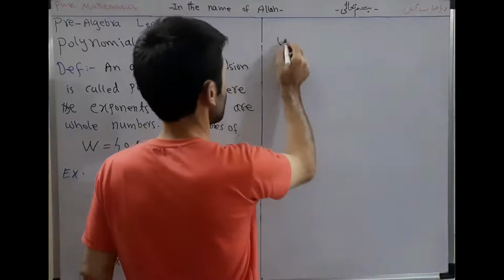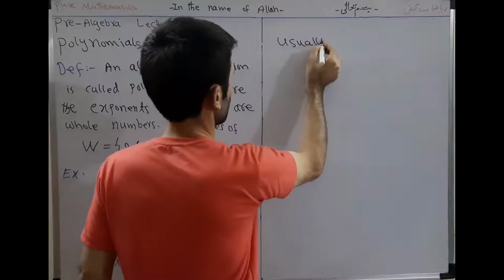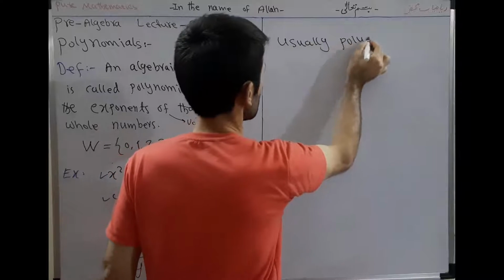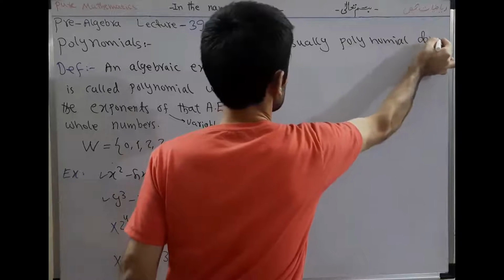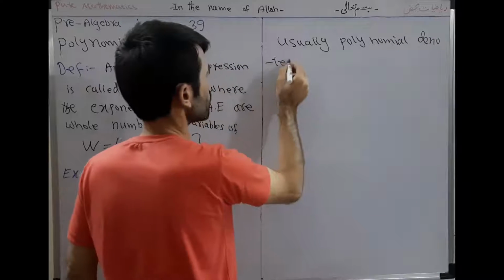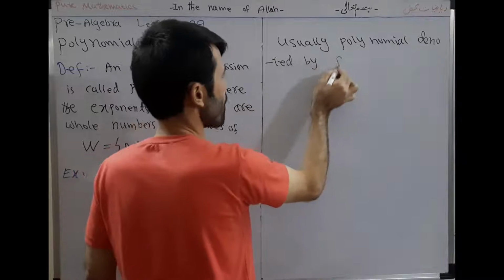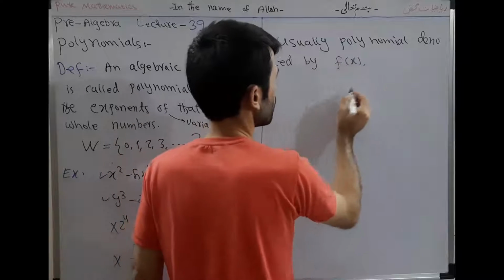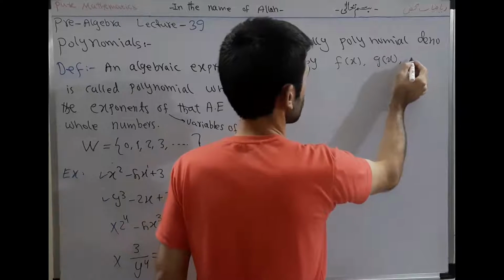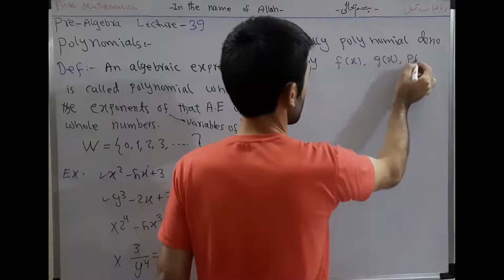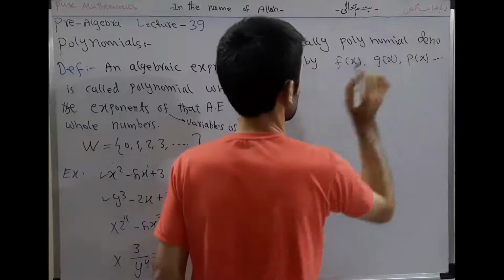Usually a polynomial is denoted by f of x, g of x, p of x, and so on.